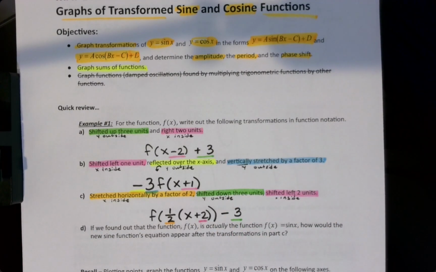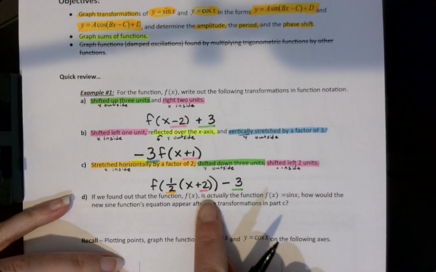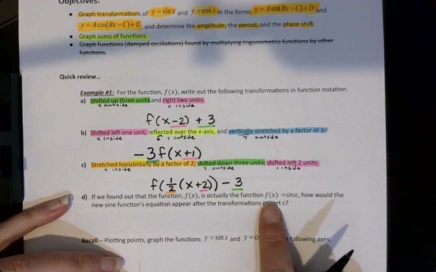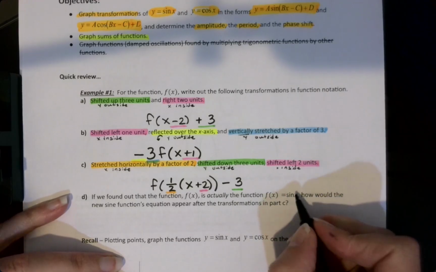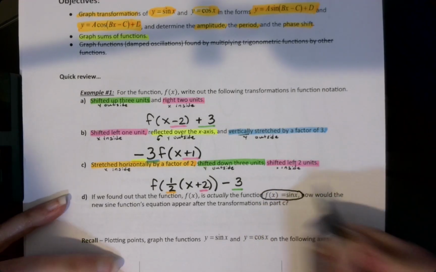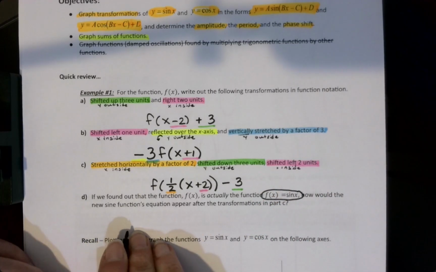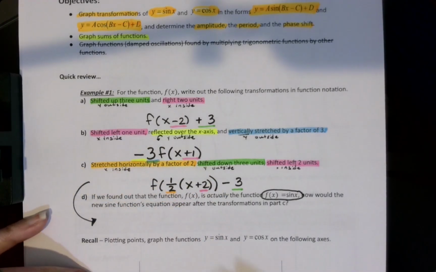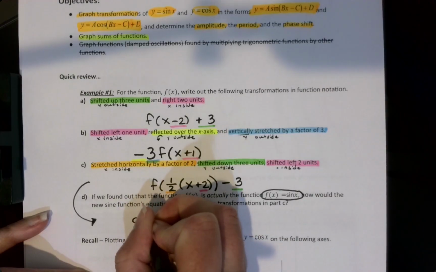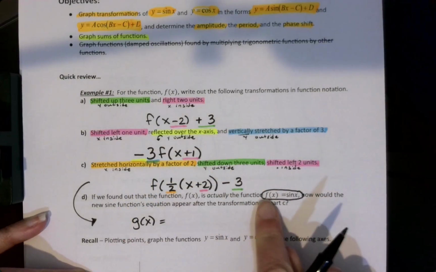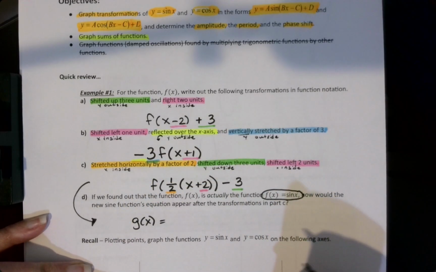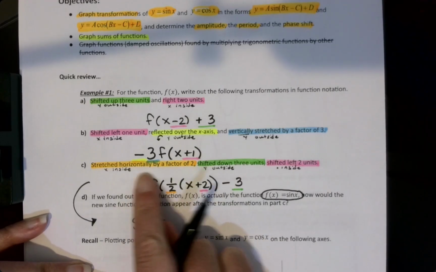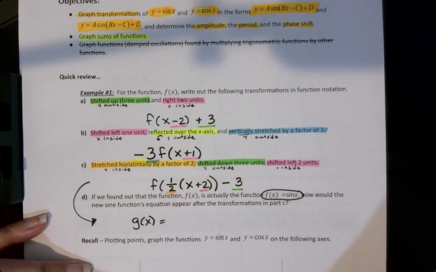Now, part D says, if we found out that the function f of x is actually the function f of x equals the sine of x, how would this new sine function appear after the transformations in part C? So same transformations here on the sine of x function. My new function, g of x, is going to take f of x, and stretch it horizontally by a factor of 2, shift it down 3, and left 2.